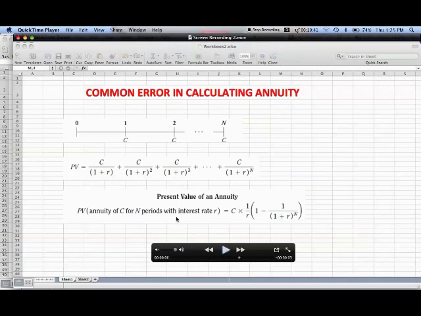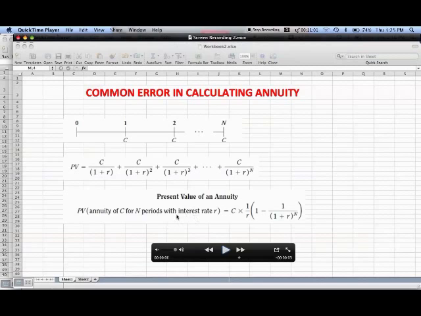So there's one astronomer, his name, if I'm not wrong, is Edwin Halley. He created one short formula that we can apply and get the same result for the annuity.